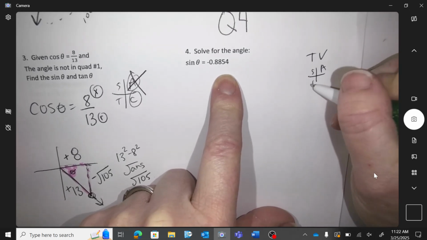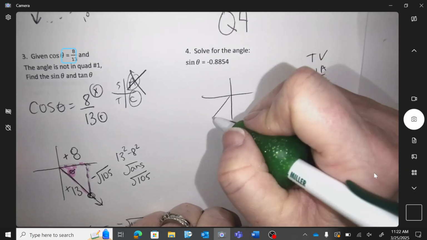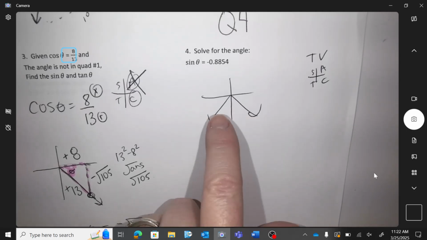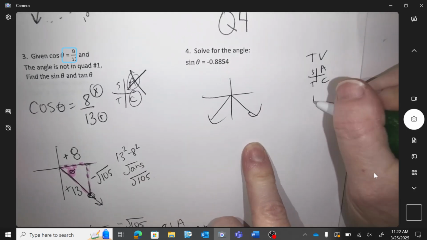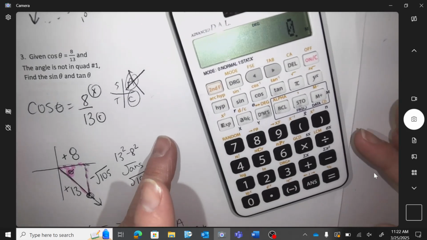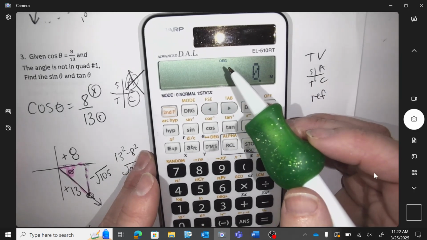Second step, Astica. So sine was a negative. Where? Third step is a reference. That's a calculator thing. First of all, degree mode, that's important.